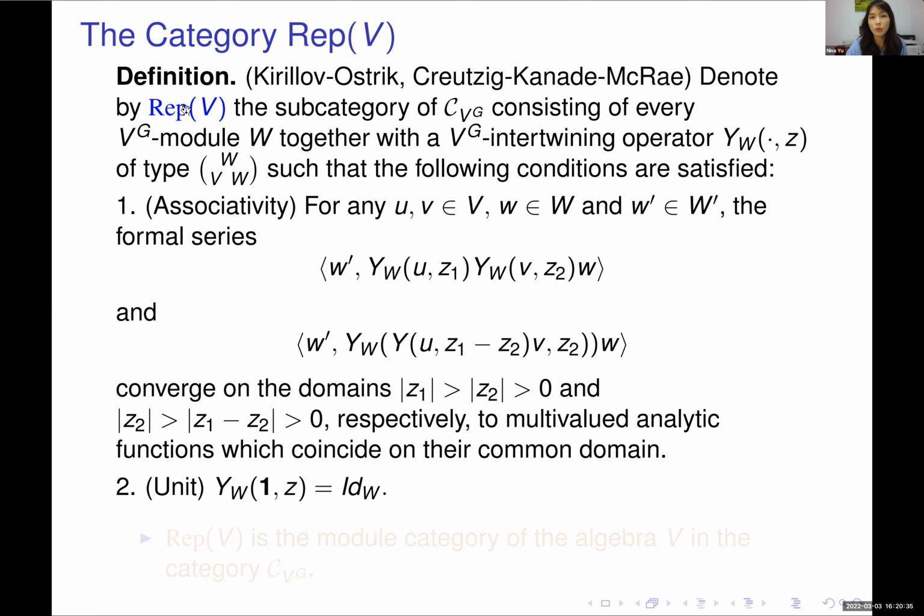So this is Rep V, which is a subcategory of this one. And actually this Rep V is the module category of the algebra we just mentioned, the algebra in the category.